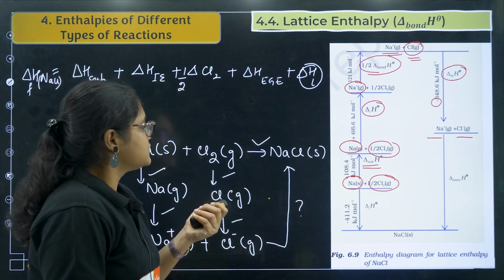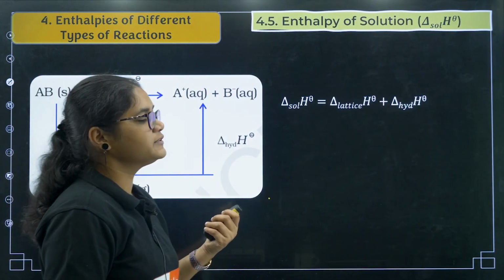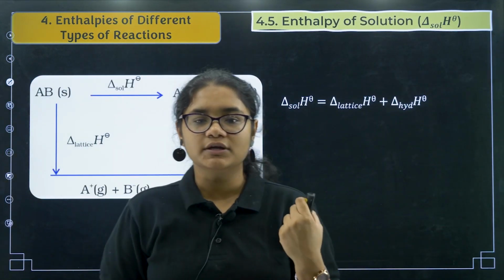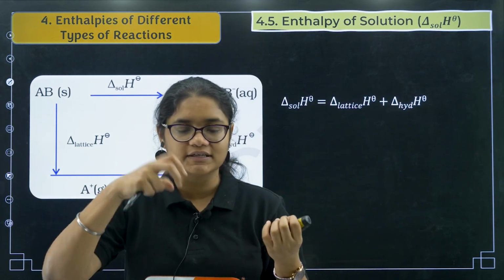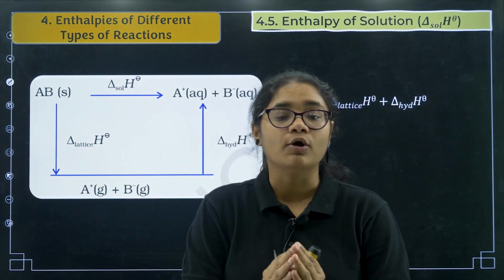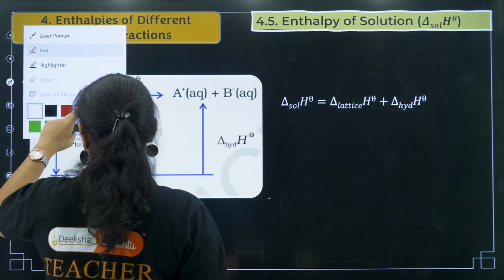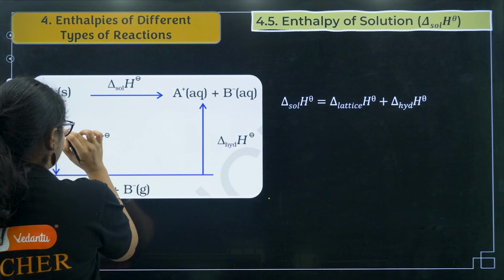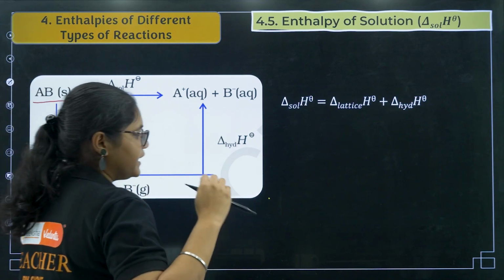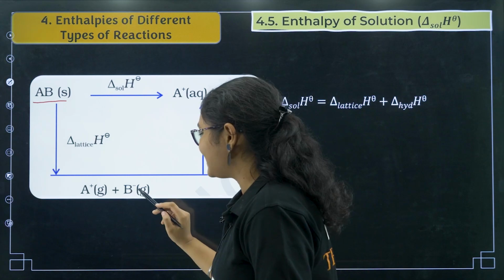Okay, so now we will go to the next thing, that is enthalpy of solution. When a solute dissolves in a solvent, some energy is released, that is called enthalpy of solution. You can see AB is a solid. AB first breaks into its gaseous ions, A plus gas and B minus gas.